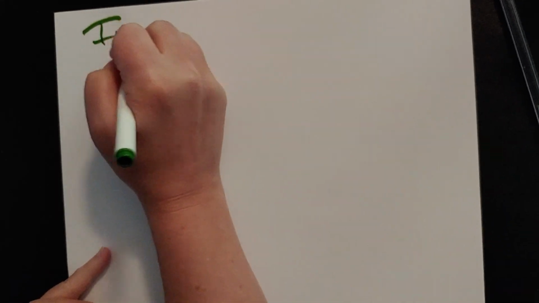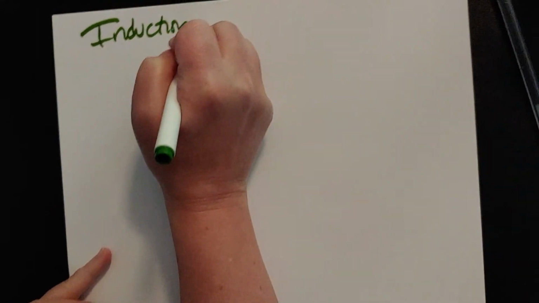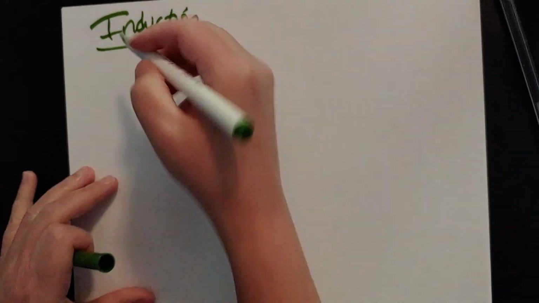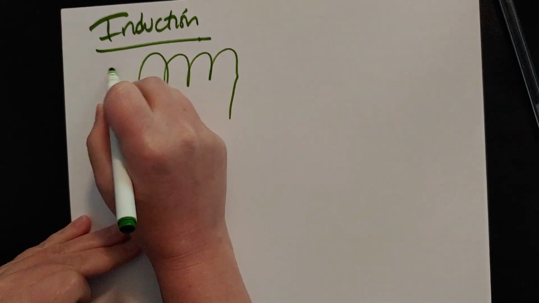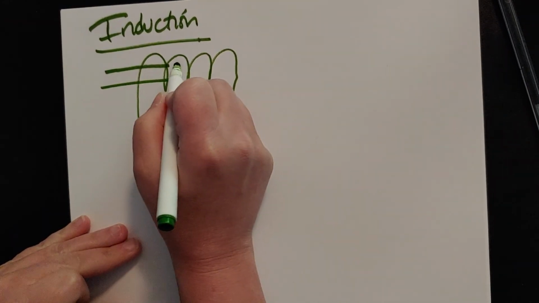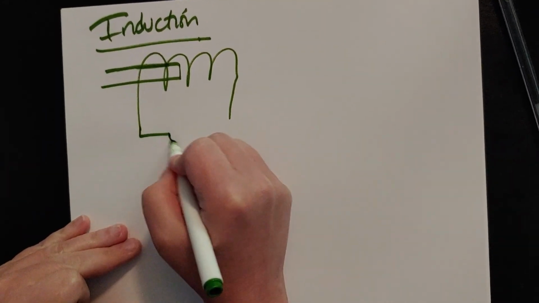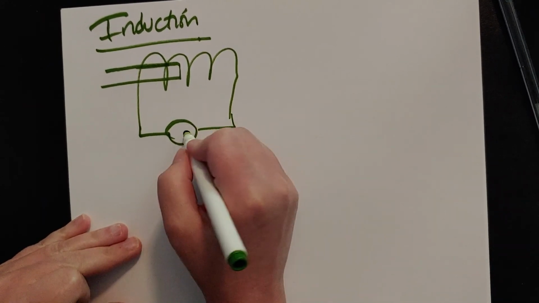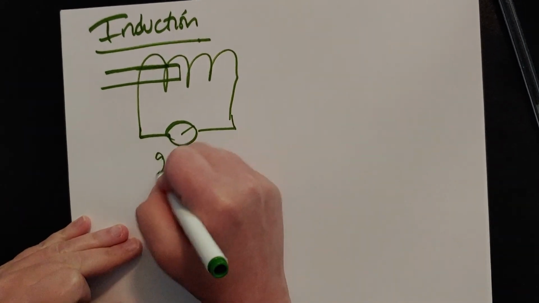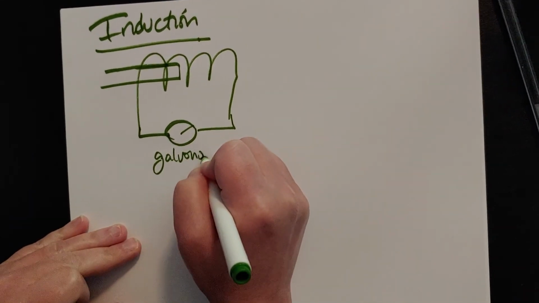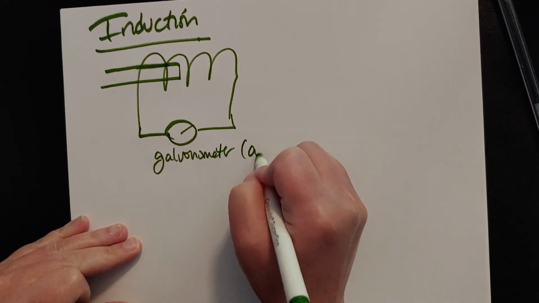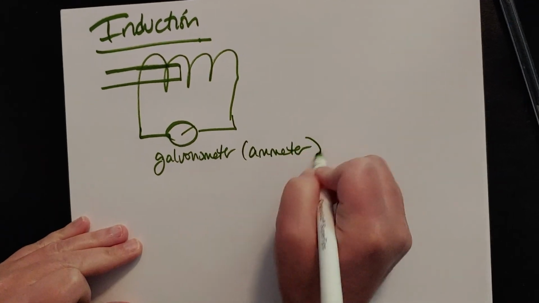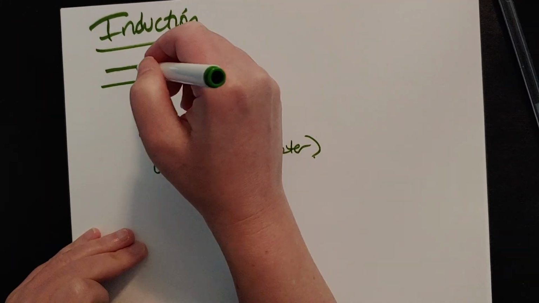All right. So, induction. So remember that solenoid? Whee! What they noticed is that, okay, here, sorry, we hook this up to a galvanometer. A galvanometer is just a really sensitive ammeter. Okay, so this is a magnet.